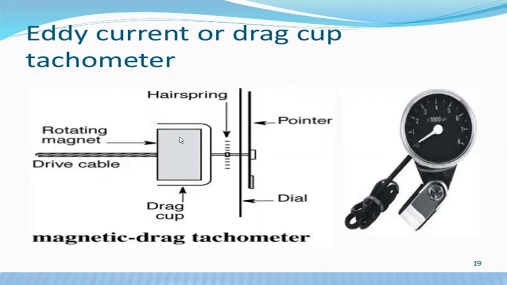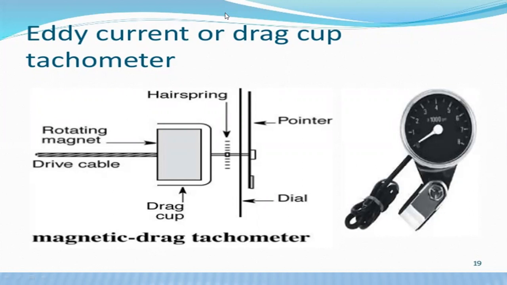The drag cup is connected with a hairspring. So whenever the shaft rotates, the magnet also rotates, and it generates EMF. Then that EMF is passed through the drag cup, and automatically the hairspring is activated.